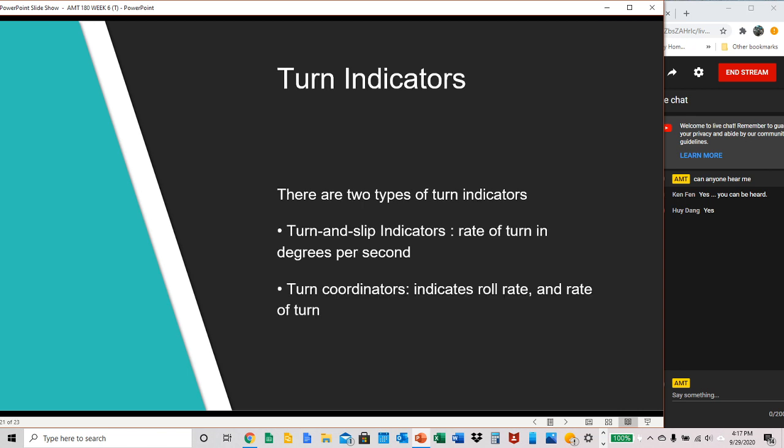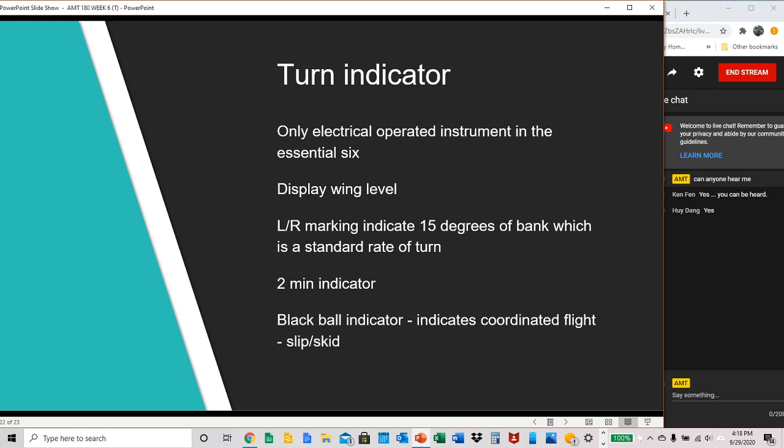Our turn indicators. There are two types of turn indicators. We have turn and slip indicators, which show rate of turn in degrees per second. And we also have turn coordinators. These can indicate roll rate and rate of turn. Our turn indicator is the only electrically operated instrument in the essential six primary flight instruments. This is only if you have all analog instruments.